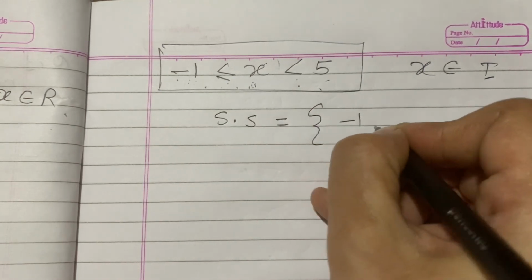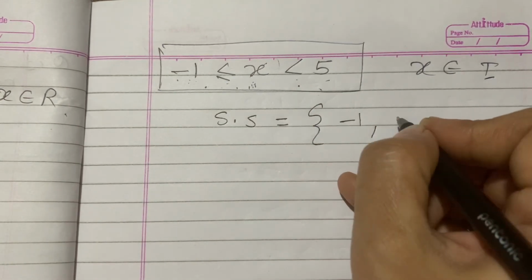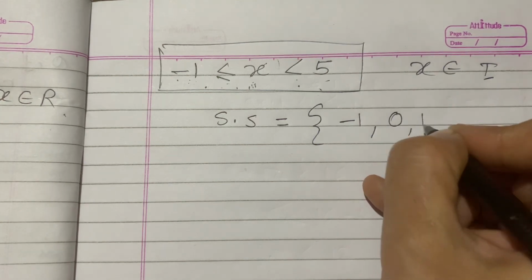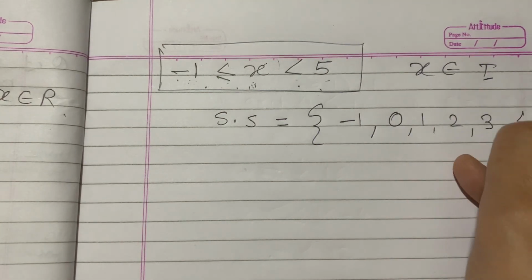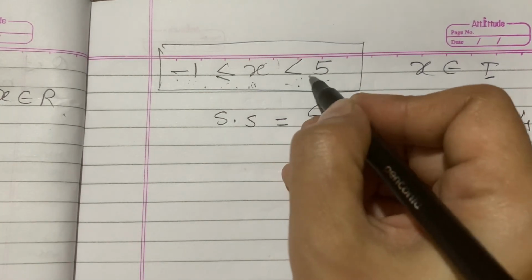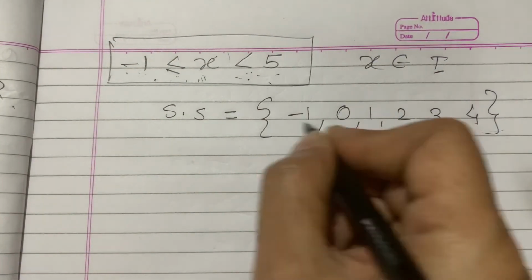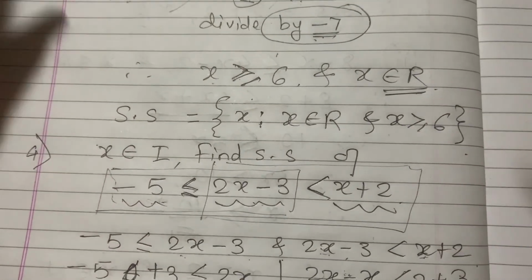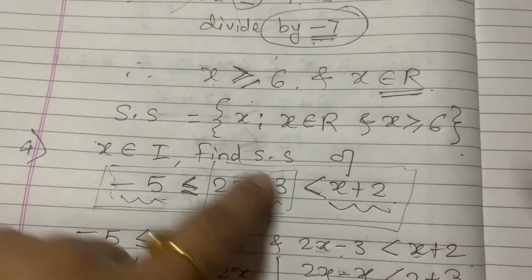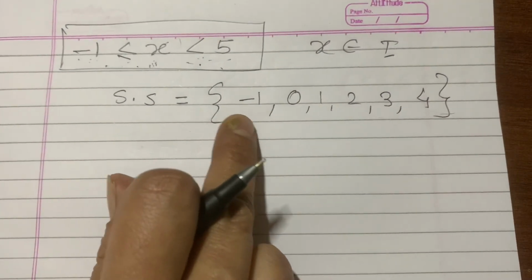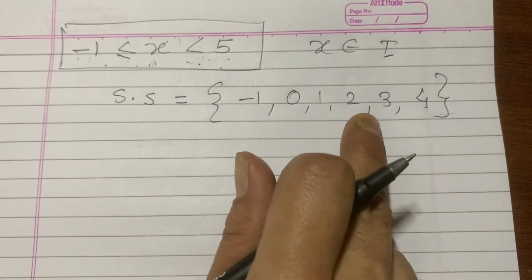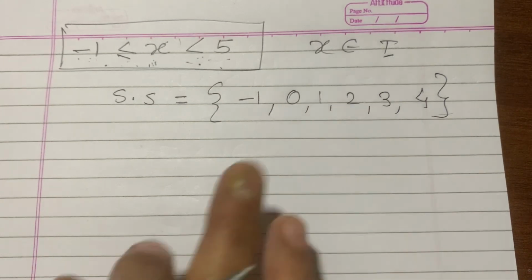Minus 1, then 0, 1, 2, 3 and 4. Why? Because x should be less than 5. So these are all the values of x that can satisfy this given linear inequation. So the solution set of this inequation is minus 1, 0, 1, 2, 3 and 4.